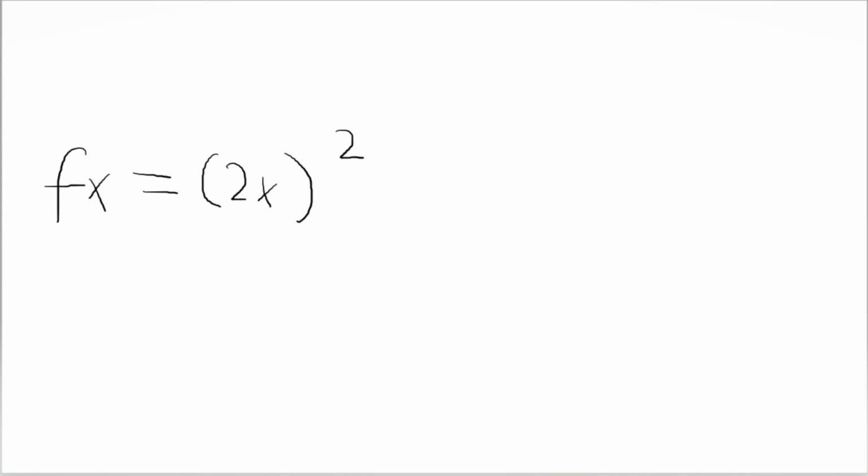Any number above 1 would be shrinking, and any number below 1 would be stretching. So if we make a graph, this is the parent function. A horizontal shrink would look like a number higher than 1 and look like this.